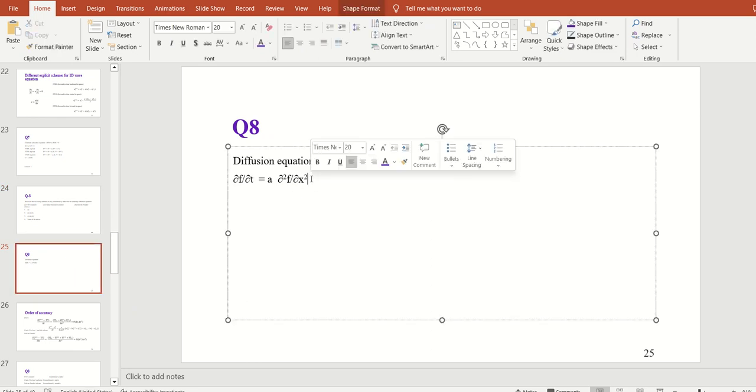So basically, forward time central space, right? FTCS. For FTCS, it would be forward in time, right?